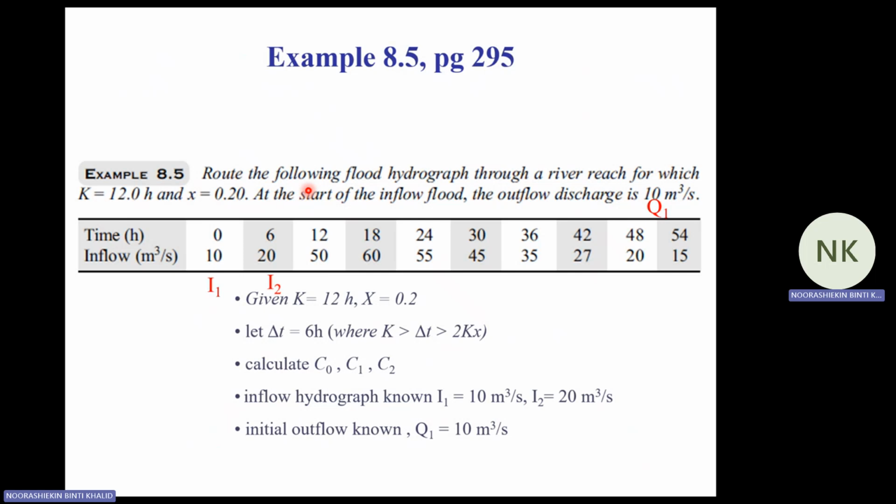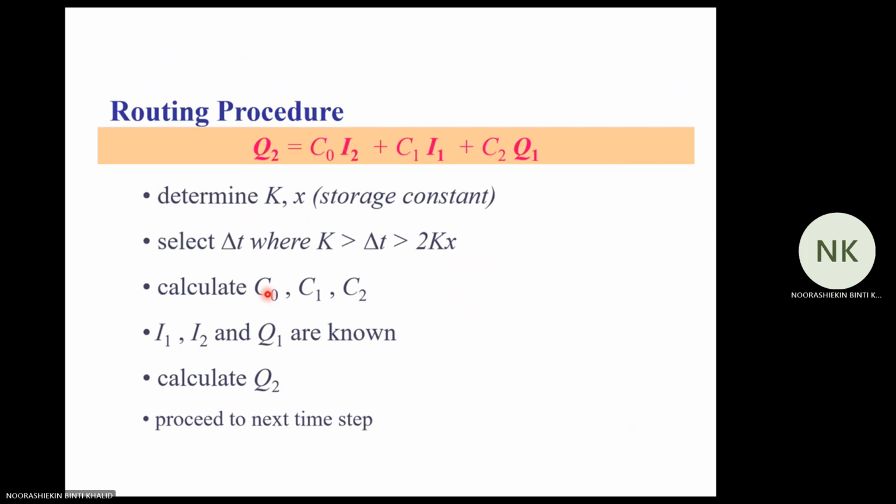Q1 equals 10 meter cube per second. This table is given from 0 to 84 hours. The first inflow and second inflow we note as I1 and I2. So this is the procedure.